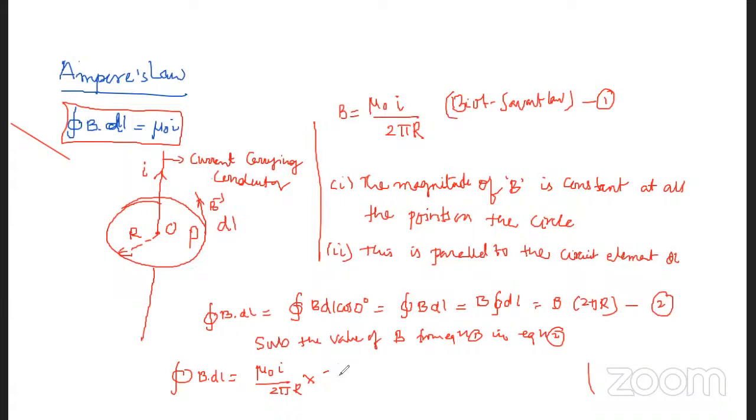This 2 pi r and this 2 pi r get cancelled. We get mu naught I.